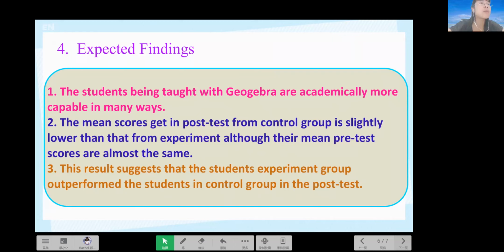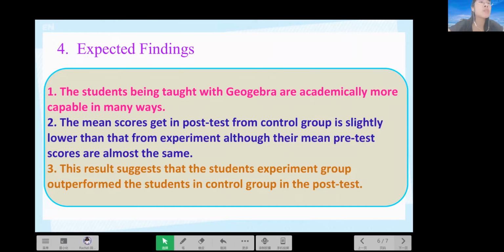It helps students to cultivate the following capabilities, such as reasoning abilities, visualization, conceptual understanding, creative thinking, and logical thinking. A second thing is that the control group, which is taught in the traditional way, is not as motivated as the experimental group that is taught with GeoGebra.